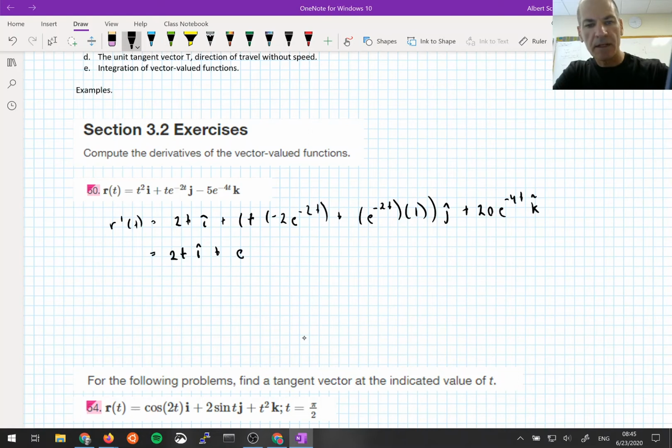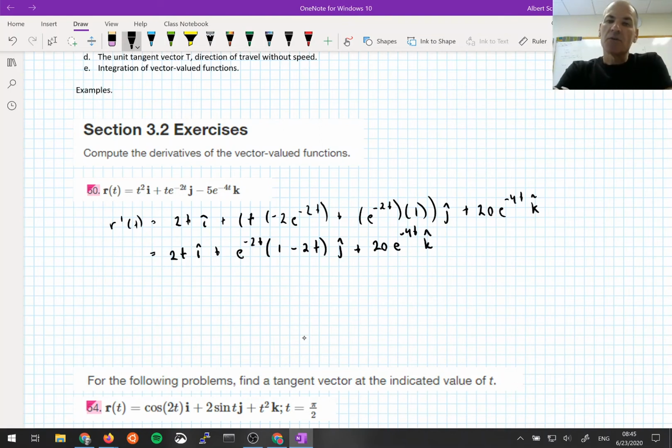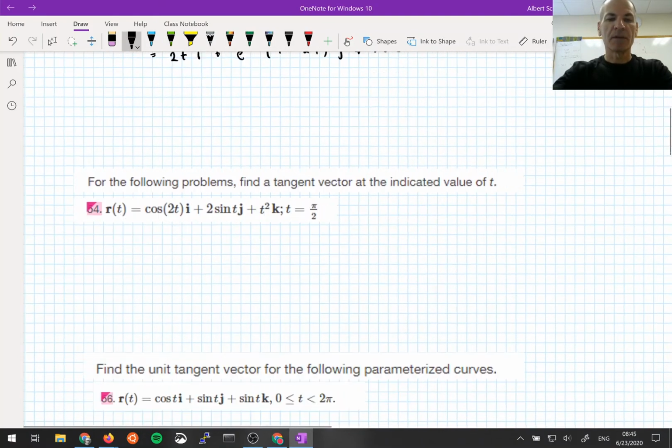Let's see here, e to the minus 2t times the quantity 1 minus 2t j plus 20 e to the minus 4t k. That's it. Just take the derivative component by component and we get r prime. This is a relatively straightforward computational problem. Normally, what you'd be doing is interpreting this as the velocity of the position space curve.